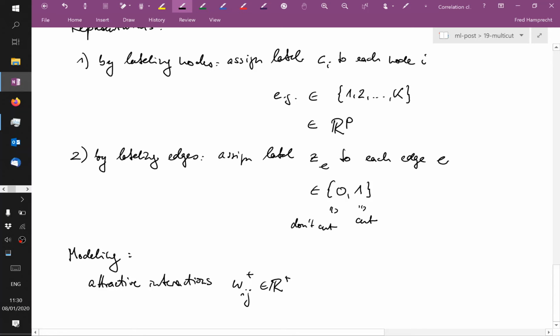And I want this to be a non-negative number. And this is going to represent the tendency of my nodes i and j to be in the same cluster.